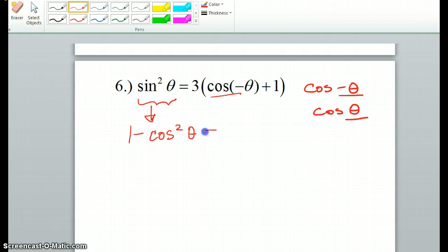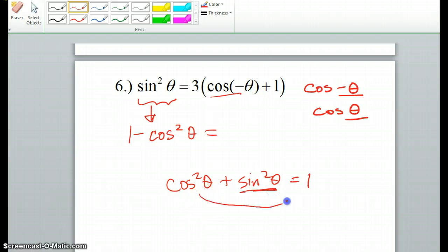Again, using cosine squared theta plus sine squared theta equals 1. Using this identity, we just solve for sine squared theta. We move that over to the other side, so it's going to be 1 minus cosine squared theta. Just a quick reminder.